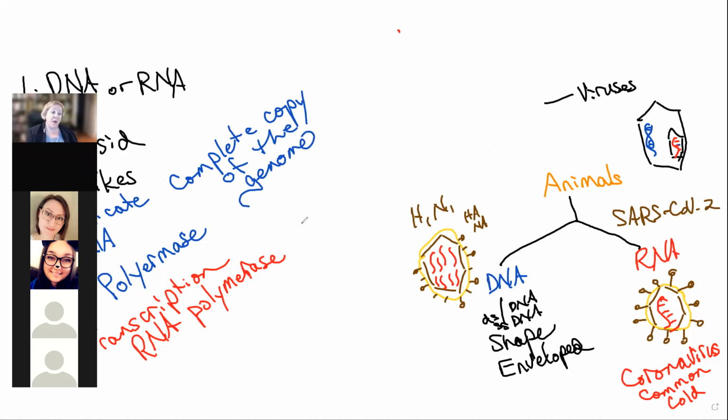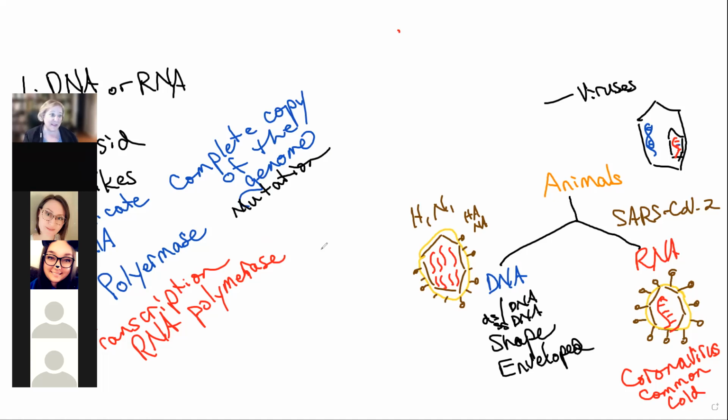What happens when a mistake happens and it doesn't get fixed, and then it proceeds to go on to progeny or child cells? Mutation? Very good. Yes. So if the DNA polymerase makes a mistake that does not get caught, it leads to a mutation.